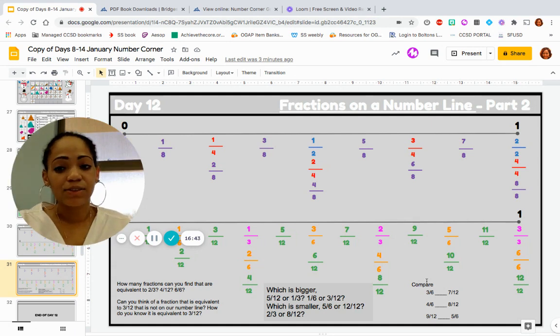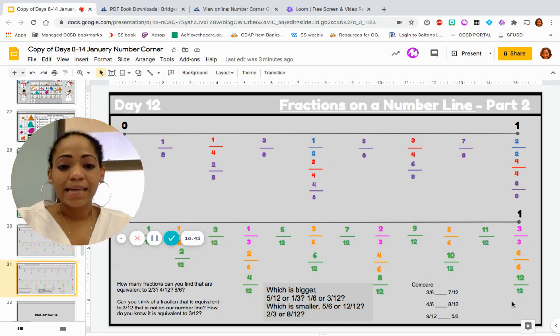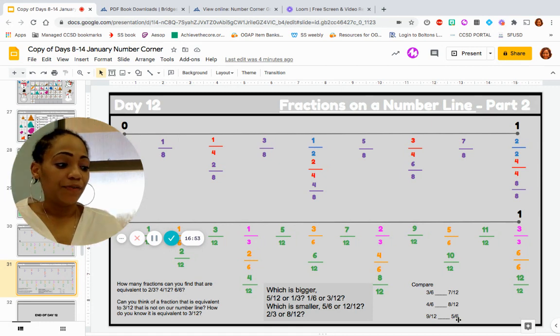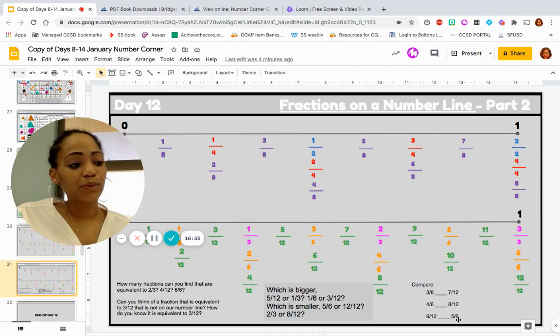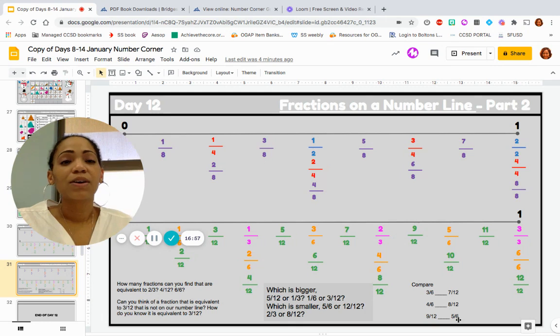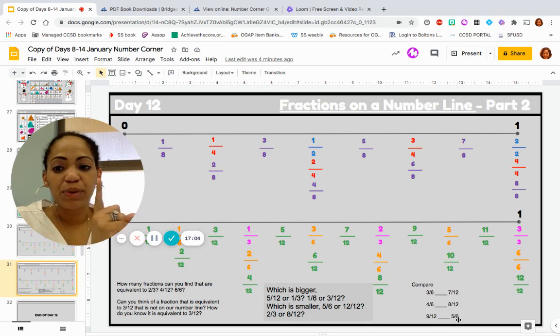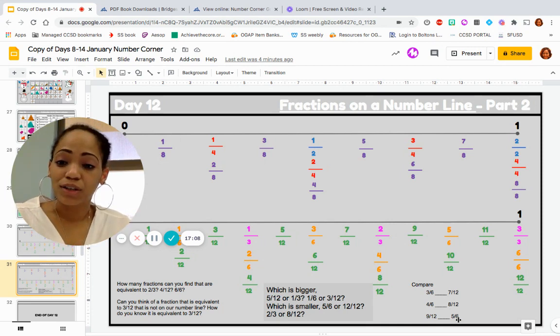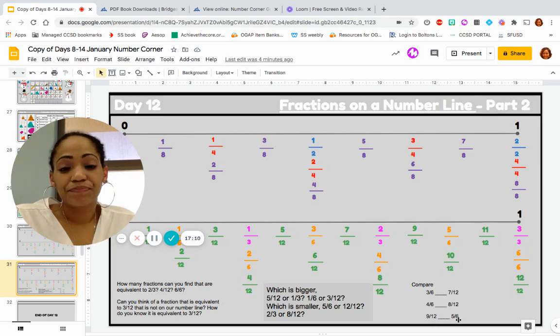Now, there are a couple other questions down here I would love for you to write down. Take some time to answer them quickly and silently to yourself. Compare 3/6 and 7/12, 4/6 and 8/12, 9/12 and 5/6. If you're feeling really brave, you could answer these questions on the Whiteboard app, or even the Number Pieces app, any of the apps where you can write on it and share a code or a link or a picture with your teacher.